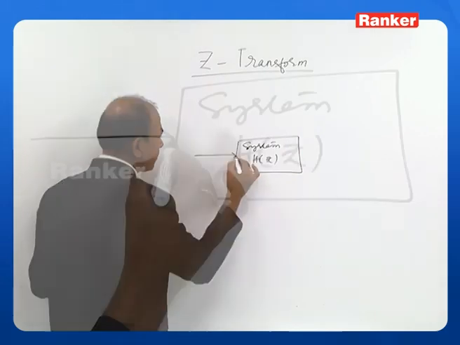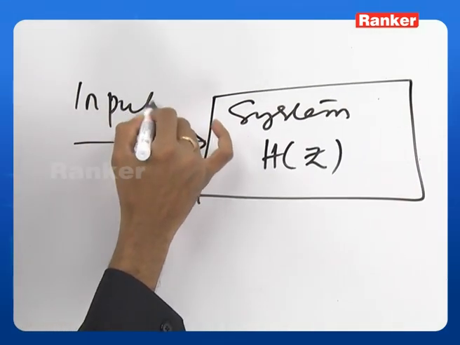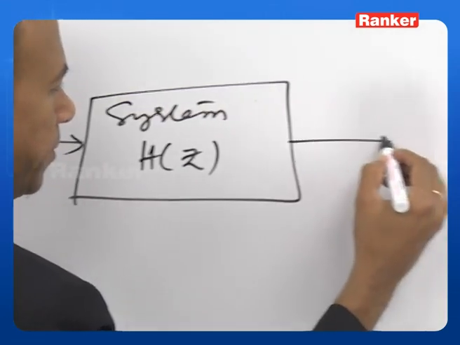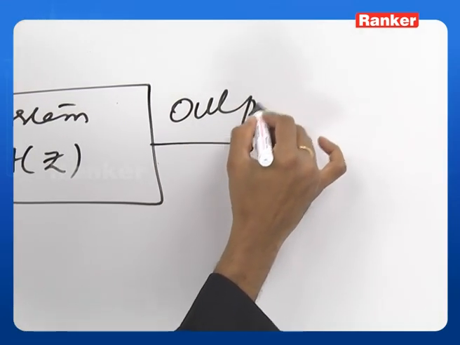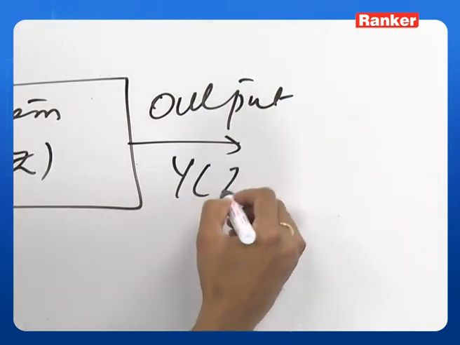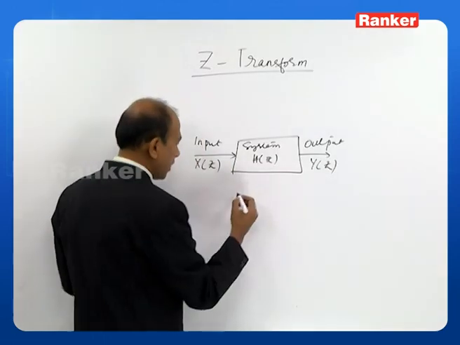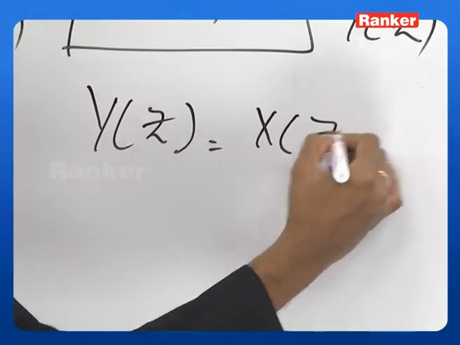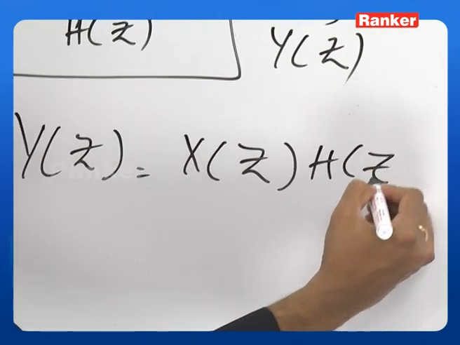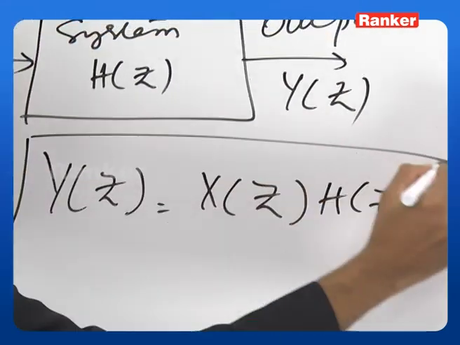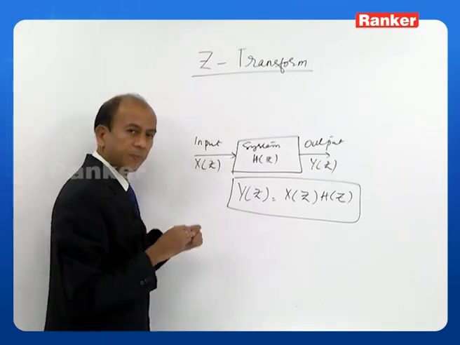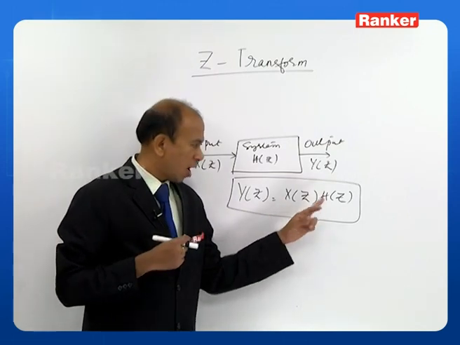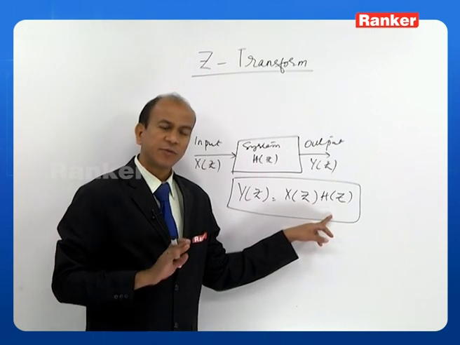The input is X(z), and the output is Y(z). Then Y(z) will be equal to X(z) times H(z). So the output is a function of the input X(z) and also the system function H(z).